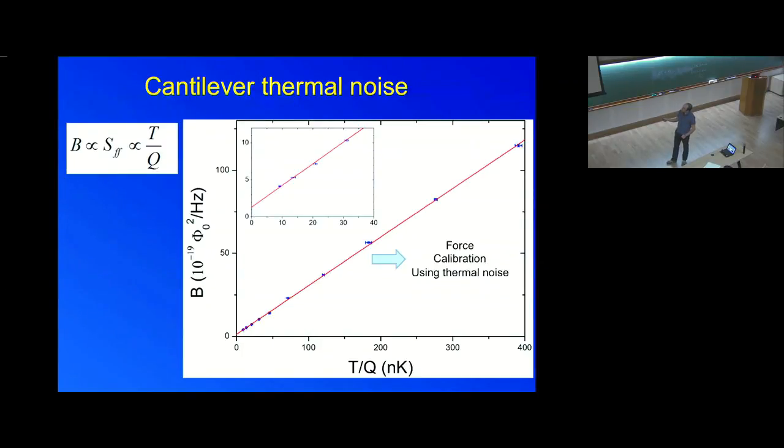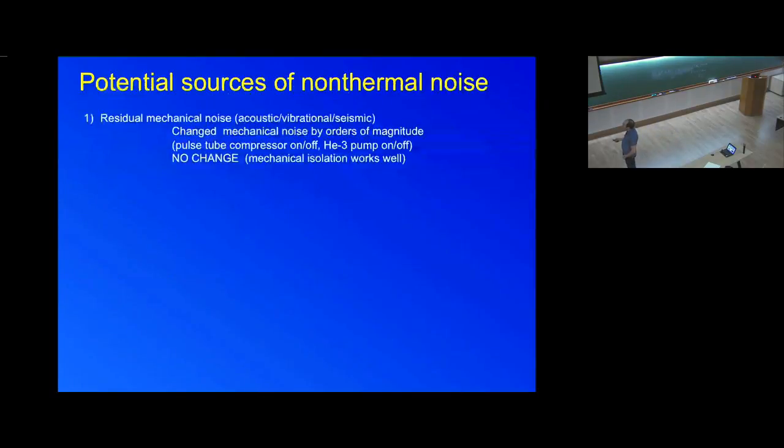But as we see, this doesn't go to zero as you would expect if you had only thermal noise in the system. So it seems that there is some unknown force that is driving the system in addition to the thermal noise. So from that, we tried to figure out if there was something, and I excluded some possible options.